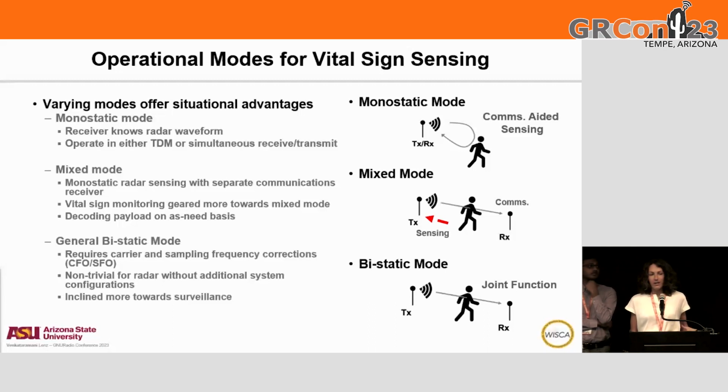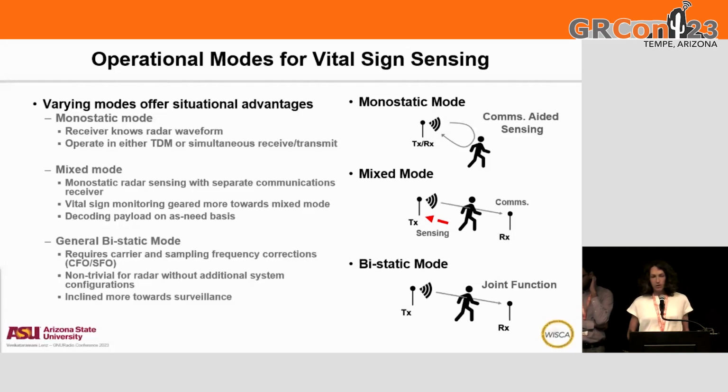A radar or a joint sensing and communications system can be operated in three different configurations. One would be a monostatic configuration, where you're not using your comms link, but just transmitting from one single unit and doing your radar processing on that specific unit.